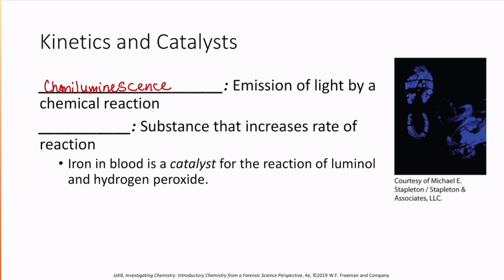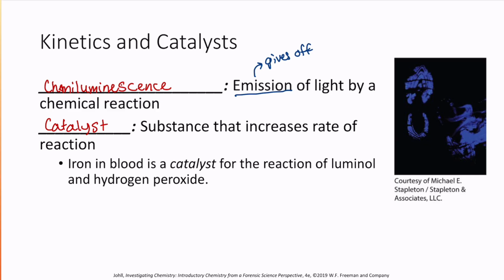And remember, emission is just a fancy word for gives off. So you see light as a result of this chemical reaction. A catalyst is something that is going to increase the rate of the reaction.